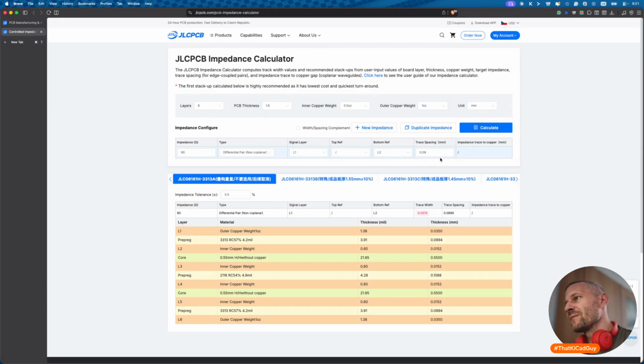So what can be the real impedance if we use these numbers? How to find out? The trace width should be narrower than the minimal. It means the minimal is 0.1. Am I right?